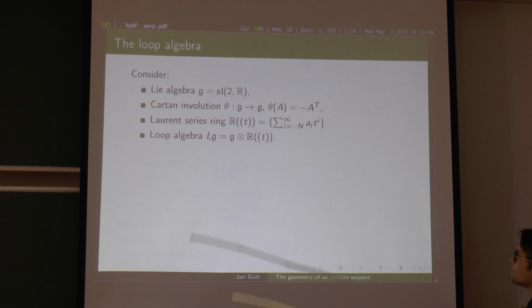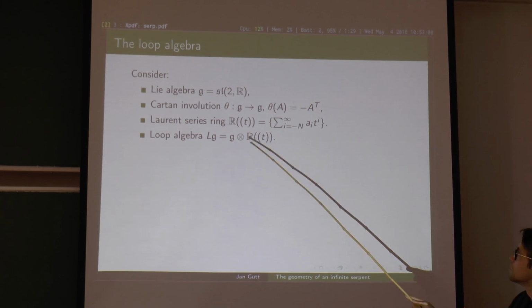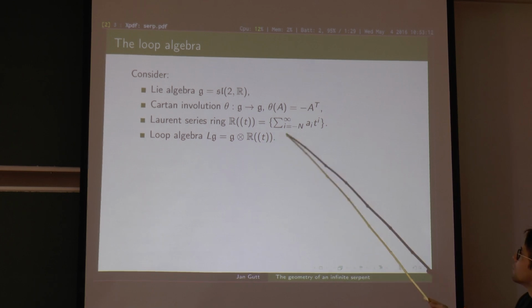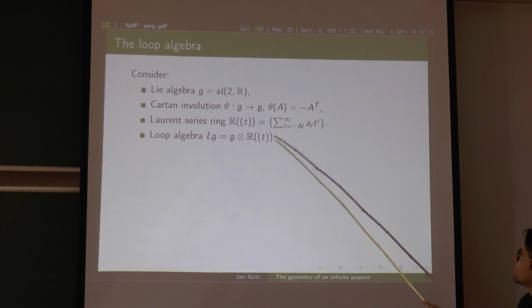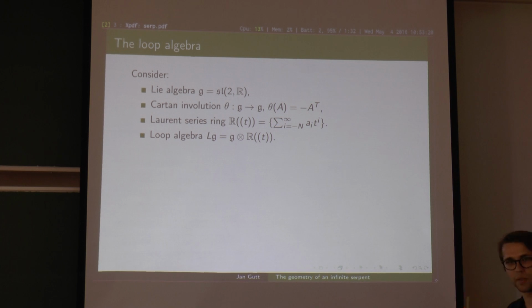Now, the loop algebra of G is just a tensor product of these. So you could think of these as formal Laurent power series with values in the Lie algebra G. In other words, elements of Lie algebra G that are parametrized by t, but really by some formal Laurent series.